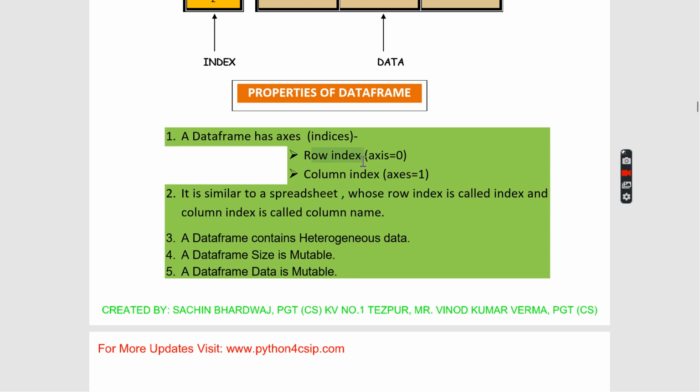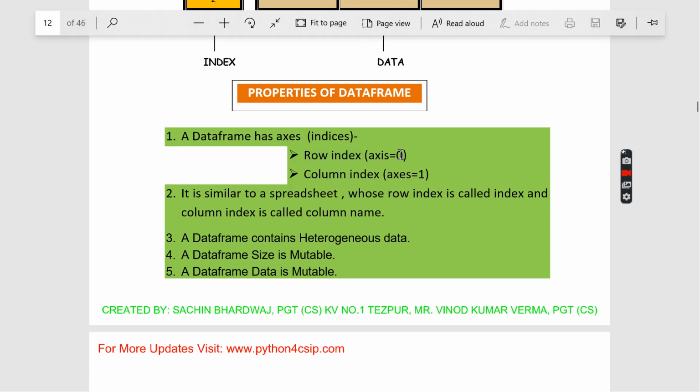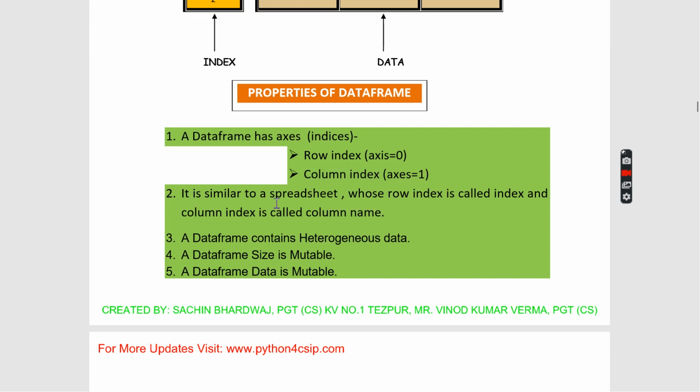One is the row index, that is axis 0, then the column index, axis 1. It is similar to a spreadsheet or Excel sheet, whose row index is called index and column index is called column name. Row has an index and column will have the name.